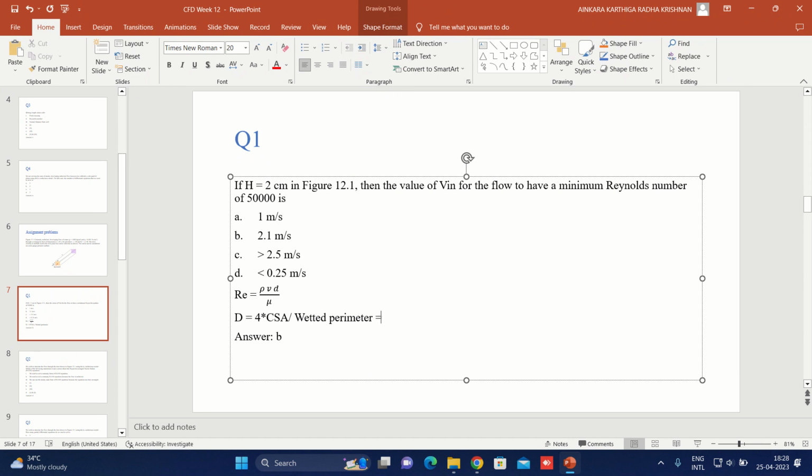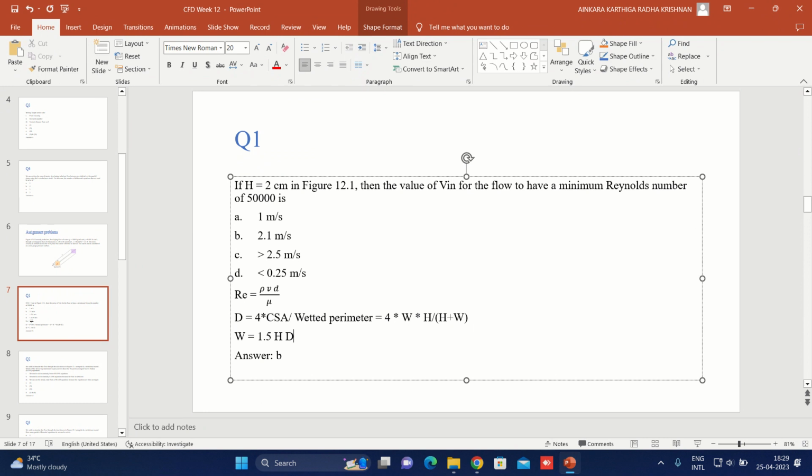So if we are considering the rectangular duct, the cross-sectional area would be 4 into width into height, divided by width, height plus width. In this question it is given that width is equal to 1.5 times h.